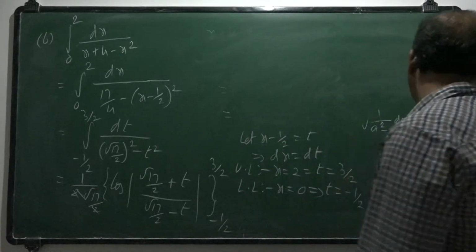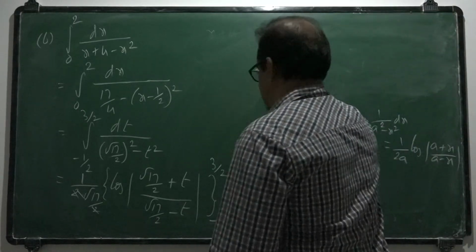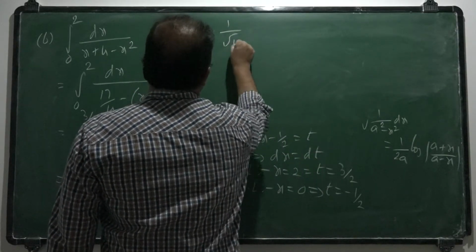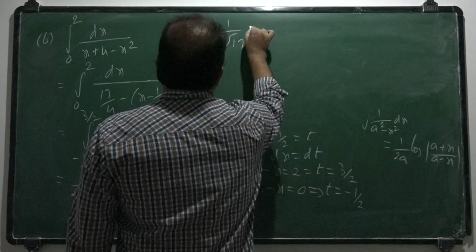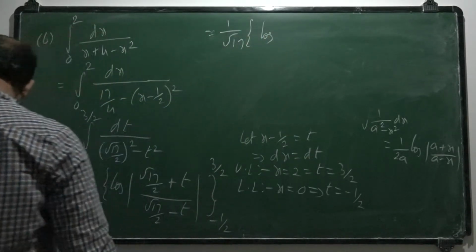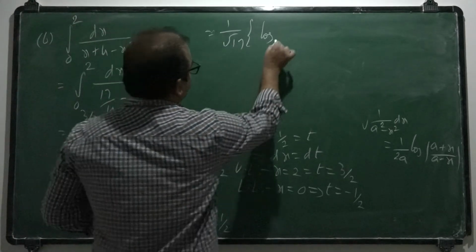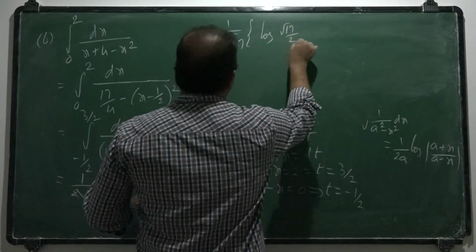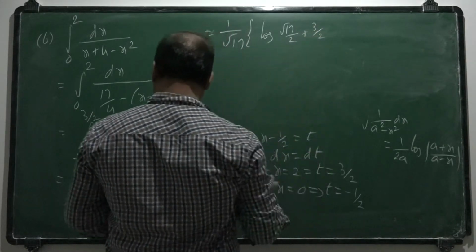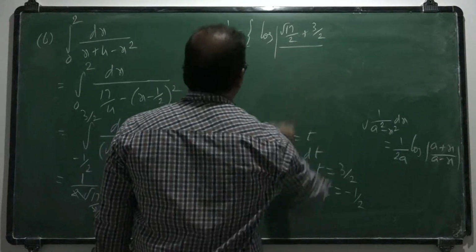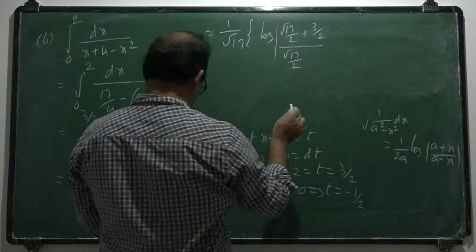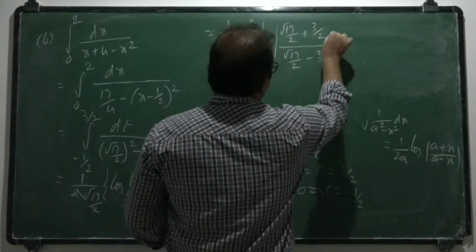You write this formula also. 1 by root 17 into log of, first you substitute the upper limit, root 17 by 2 plus 3 by 2 by root 17 by 2 minus 3 by 2.